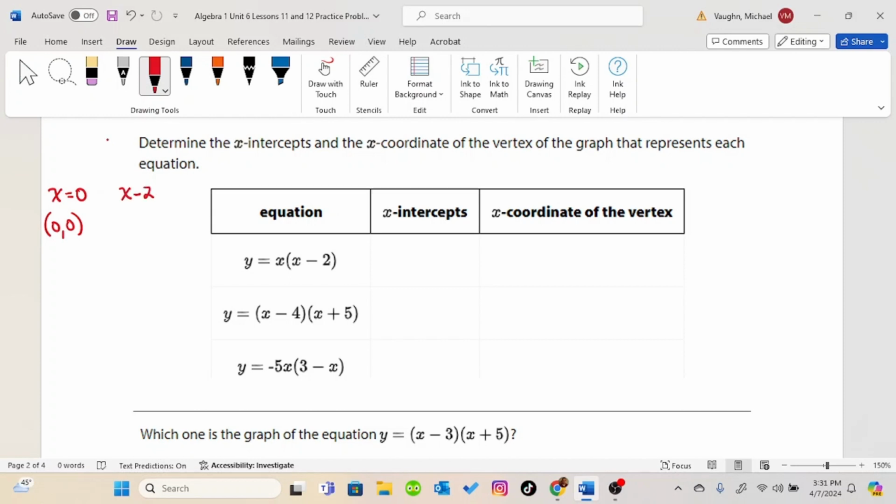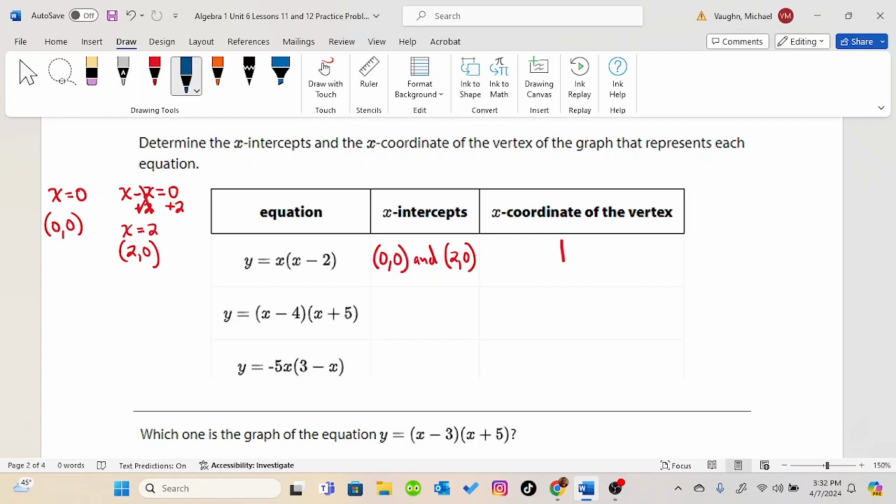Then we set x minus 2 equal to 0, add 2 to both sides, x equals 2, so the intercept is at (2, 0). The x-coordinate of the vertex is halfway, and halfway between 0 and 2 is 1. So the x-coordinate of the vertex is 1.